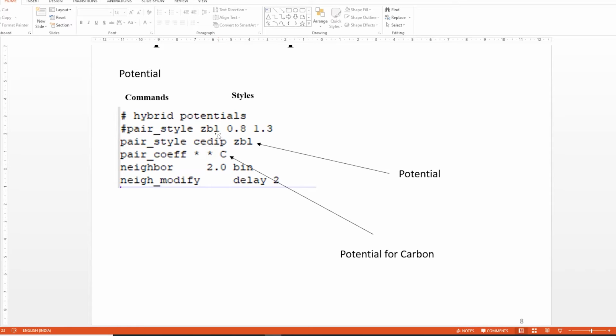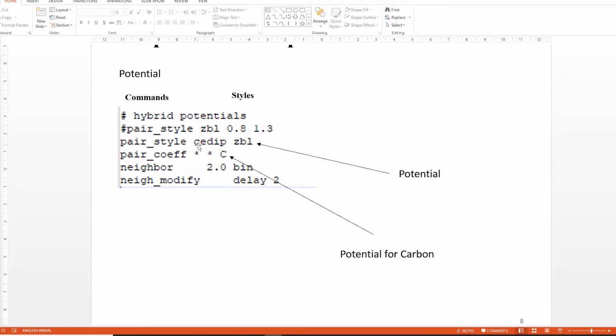So I got this potential from one of the persons who is working on carbon, and then you need to build the potential. Suppose you have the parameter file for your case, then you don't need to rebuild LAMMPS, but if you don't have the parameter file for the potential, okay, then you have to build LAMMPS for your particular potential.